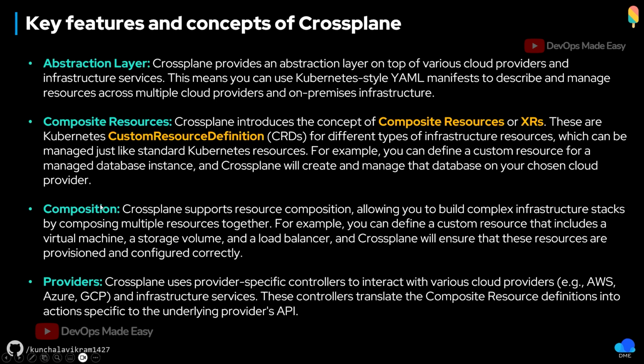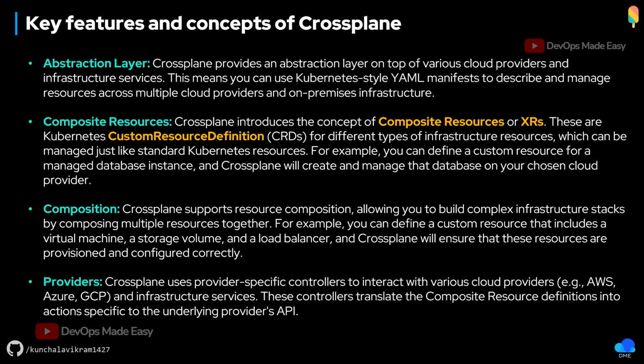And the second feature is composite resources. This is nothing but a custom resource definition that we use to create and manage the resources. But composite resources are different; this is a newer term actually. Composite resources and composition, again, we'll understand in depth when we talk about the architecture.